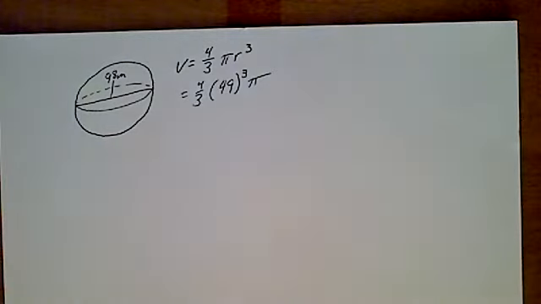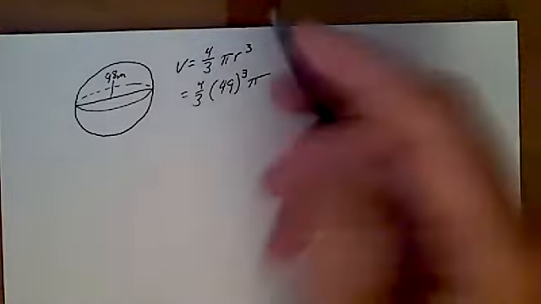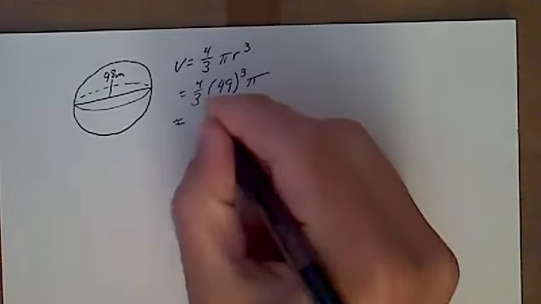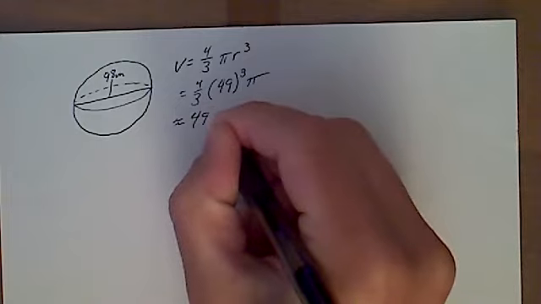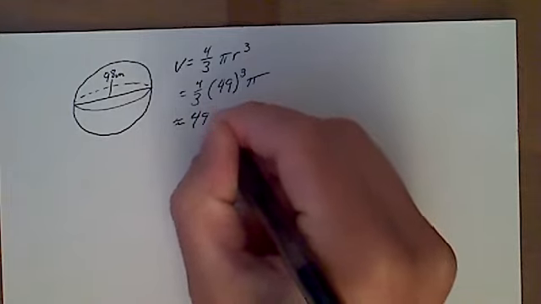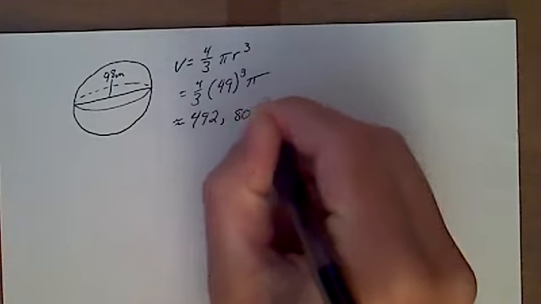And you just fill it into your calculator from there. 4 divided by 3 times 49 cubed times pi. And don't be alarmed by large numbers here. Very likely you will get one. 49, 492, 806.